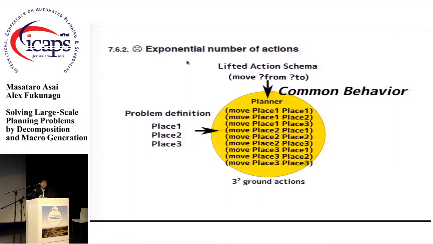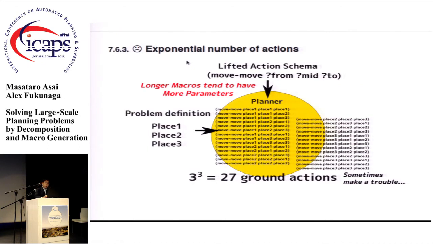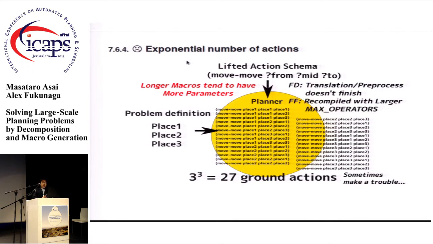This is okay with a smaller number of parameters, but longer macros tend to have more parameters, and this sometimes makes trouble. For example, this macro has 27 ground actions. In such cases, FD's translation phase or preprocessing phase may not finish, or FF should be recompiled with larger max operators.